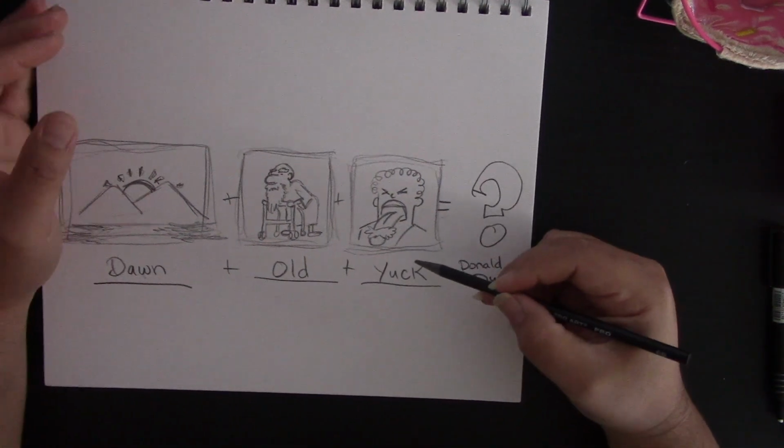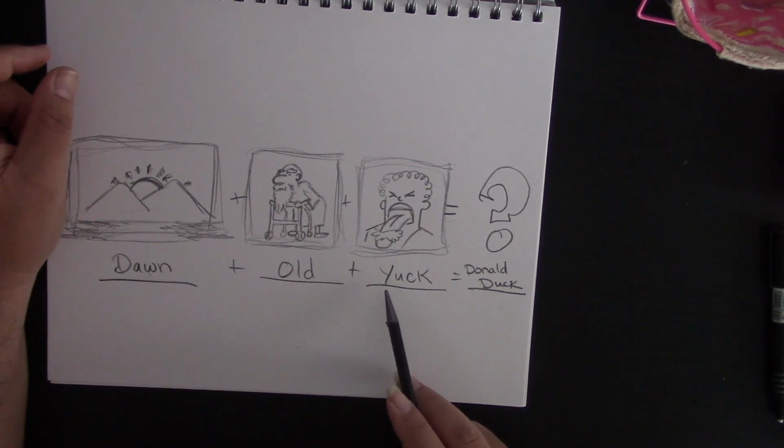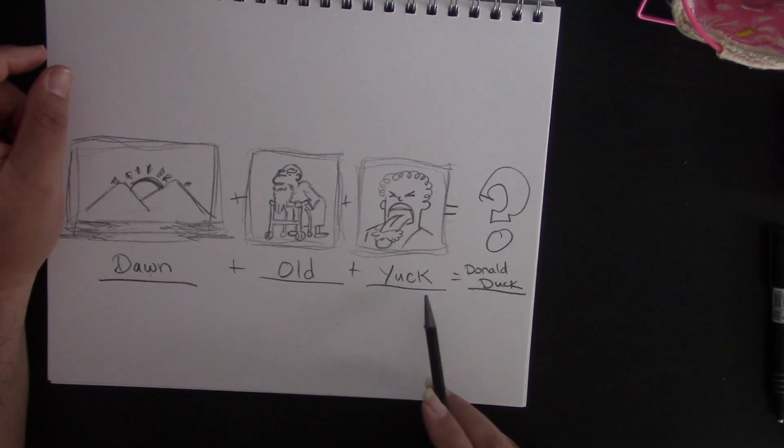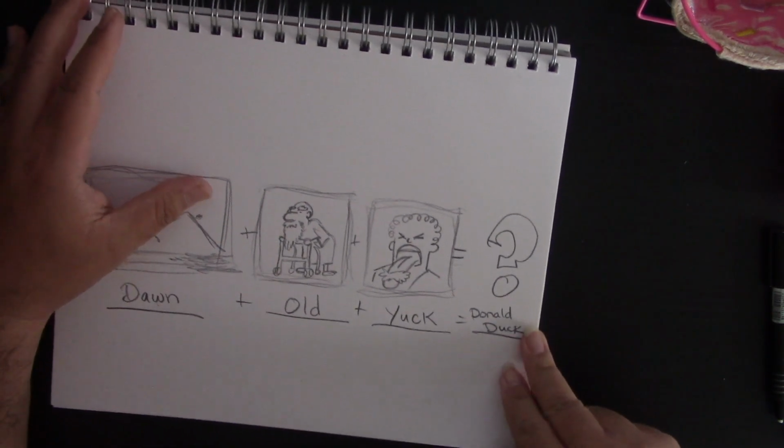Looking back at Donald Duck here, there really isn't a word for me to put for "uck," because I have Donald, and then I was using the word yuck. If you say it fast enough, you can kind of get away with it. Donald Yuck. Okay. So sometimes you've got to use a little cheat like that.